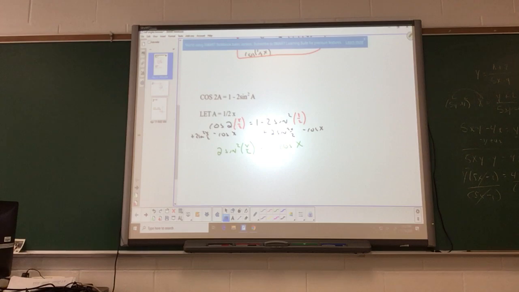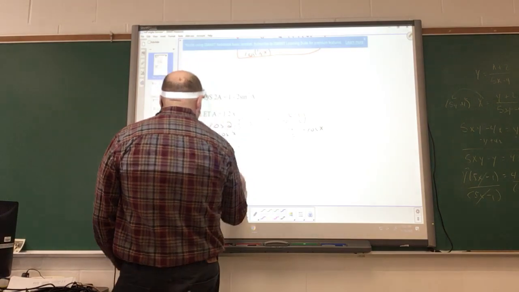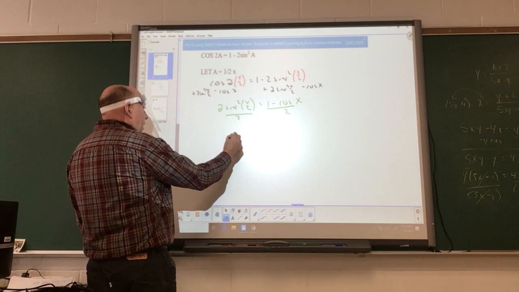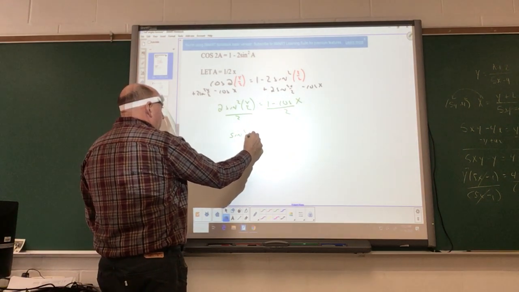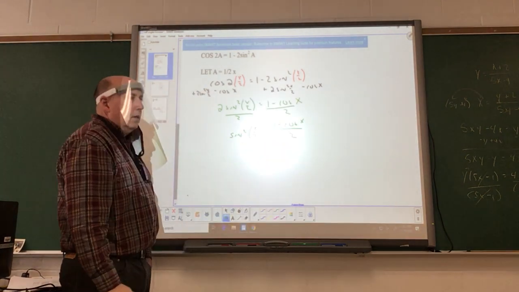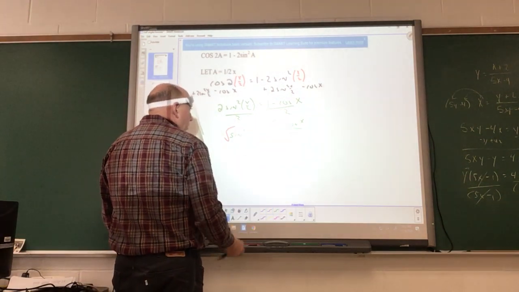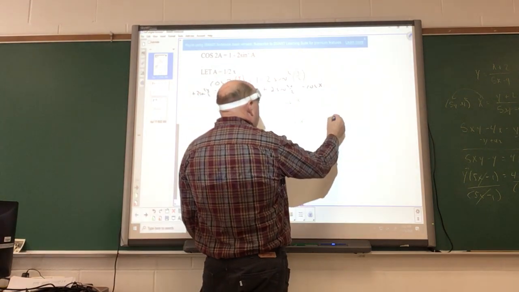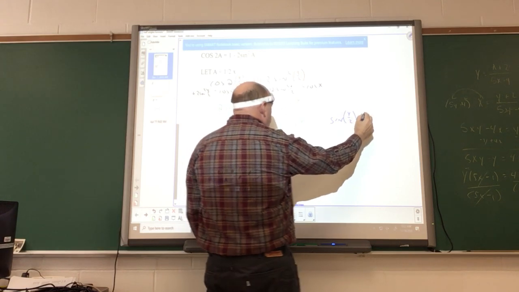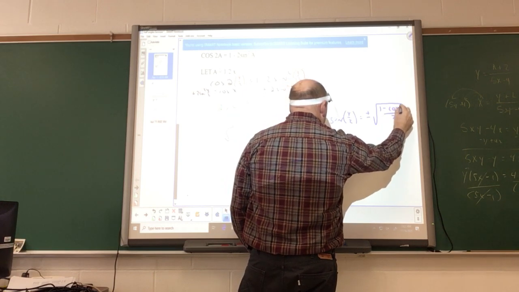We can divide both sides by 2 again. So we have the sine squared x over 2 is equal to 1 minus cosine of x divided by 2. And then taking the square root from both sides again, we're left with the sine of x over 2, which is your half angle, plus or minus square root 1 minus cosine of x divided by 2.